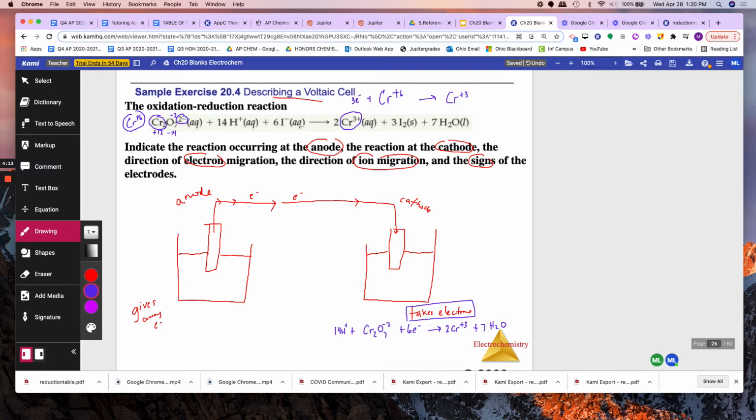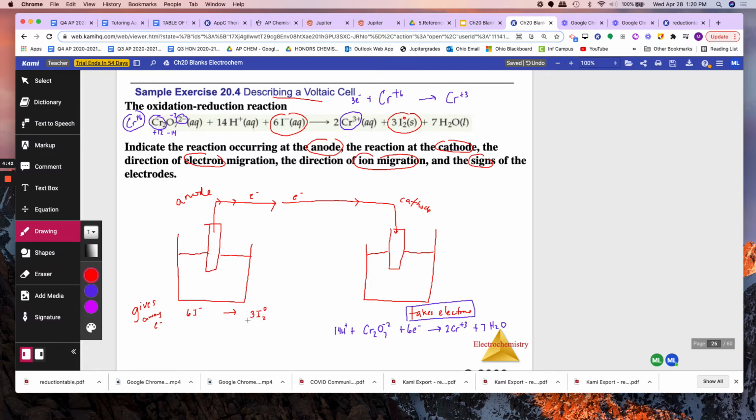Okay. So what's happening here? Something that's giving away electrons. We'll call that a different color, maybe red. So I used to be -1, and now the oxidation state is 0, because there's no charge there, so we can assume 0. So 6 I- used to have all its electrons, now it doesn't have any electrons.